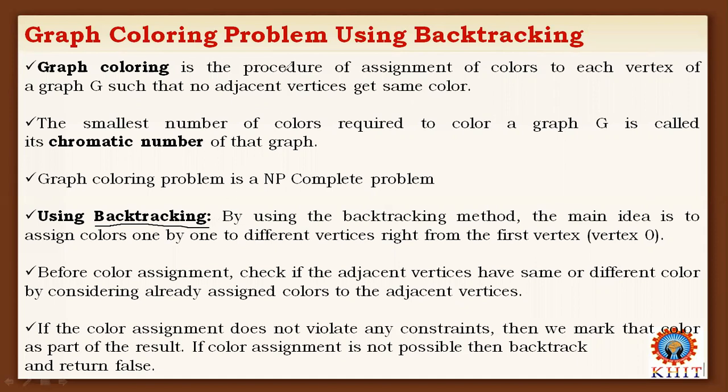So now let me try how to apply the backtracking technique to the given problem. We will discuss this in this session. Let me tell you the step-by-step procedure to solve the graph coloring problem. By using the backtracking method, the main idea is to assign colors one by one to different vertices, starting from the first vertex, that is vertex 0.